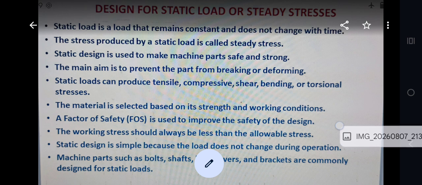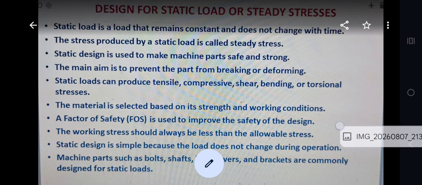Our main objective is to prevent failure, breaking, and excessive deformation. For example, imagine designing a shaft.